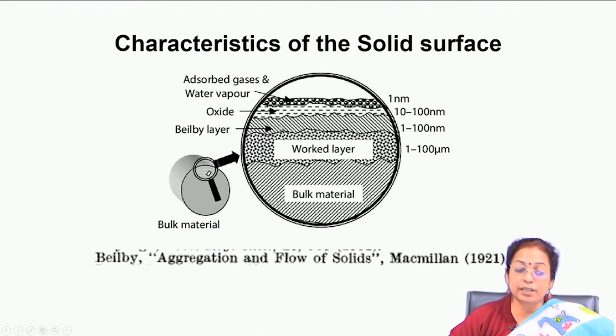So, this Beilby layer is very important and it is amorphous in nature, and the presence of this layer will be visible if you do Auger electron spectroscopy, X-ray photoelectron spectroscopy, or maybe low energy electron diffraction analysis. You will get to know about the amorphousness of this particular feature actually.